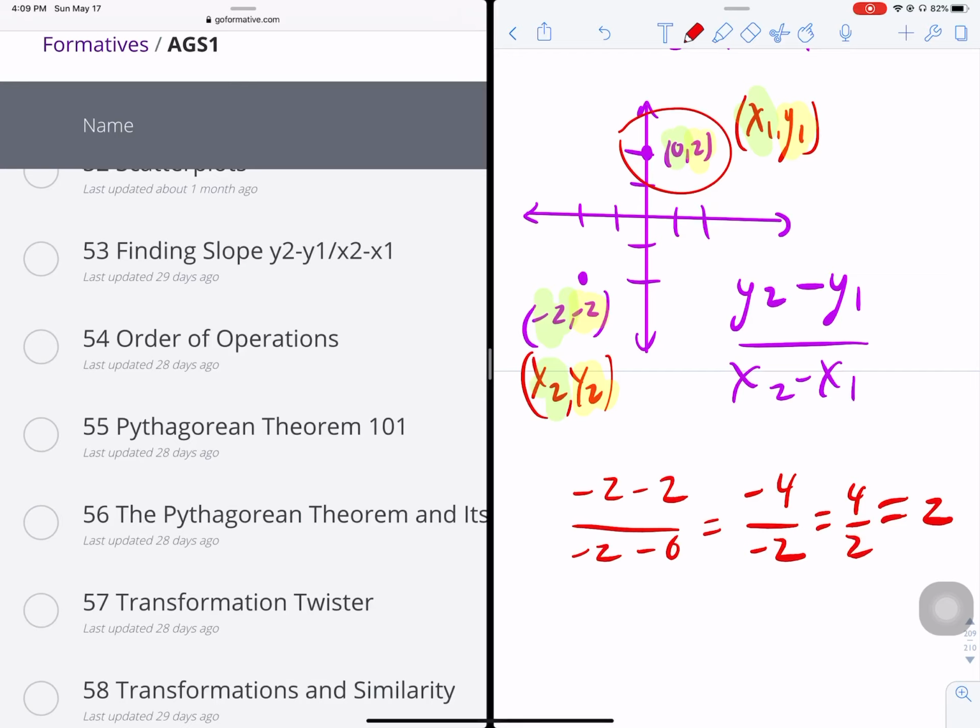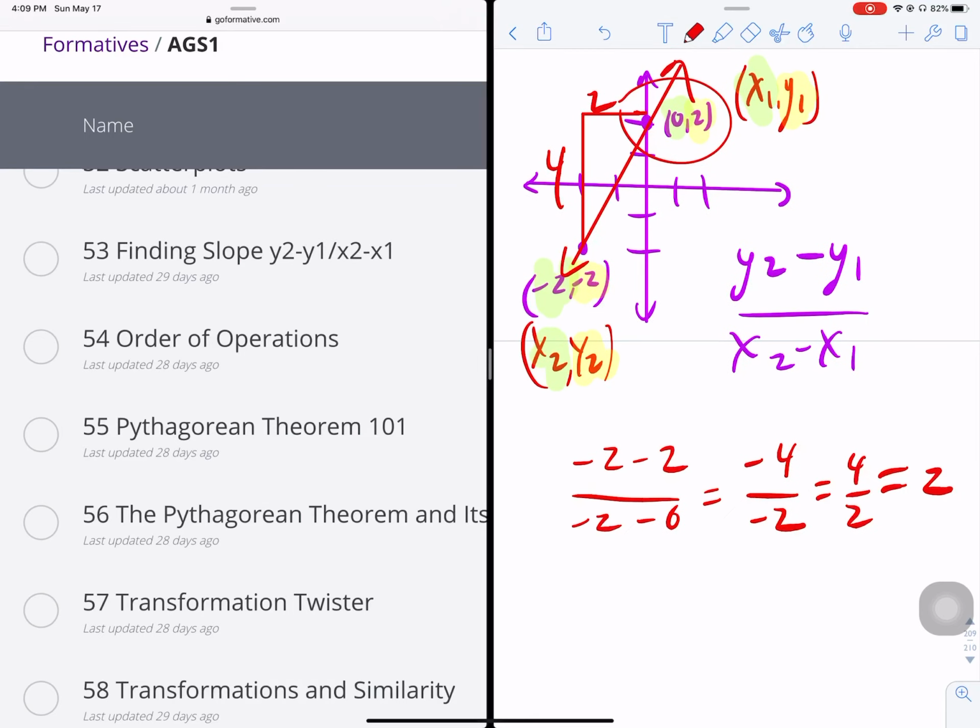Let's count for ourselves. Up 1, up 2, up 3, up 4, over 1, over 2. So we're looking at a slope of 4 over 2, which is still 2, so the slope is 2, even if we use some negatives or whatnot. And like I said, if you do it backwards, backwards would be me choosing the other coordinate.